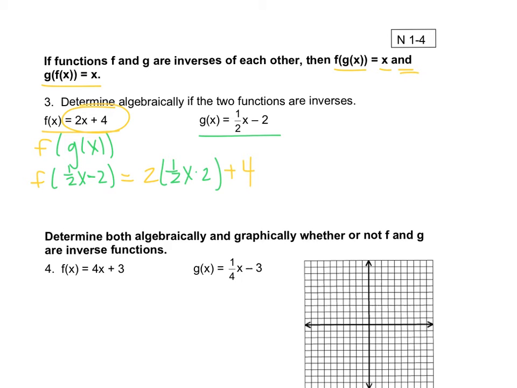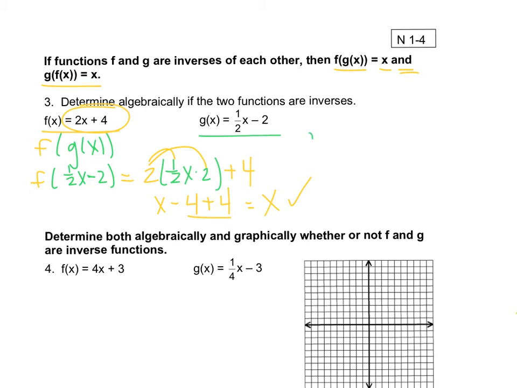All right, so I'm going to need to distribute. 2 times a half x is just an x. 2 times a negative 2 is a negative 4, and then we're bringing down that plus 4. Notice negative 4 plus 4 is going to cancel. We're left with x. Now, just because one works doesn't mean the other one works, so we have to plug in both.